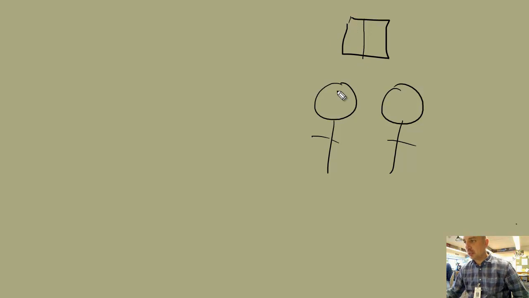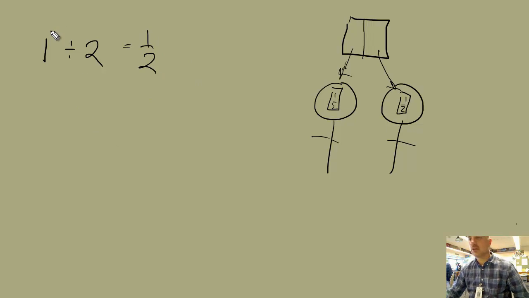This person would take this half, and this person would get this 1/2. So we would take that 1 cracker and divide it by our 2 people, and each person would get 1/2. My 1 goes up there, and my 2 goes down there.